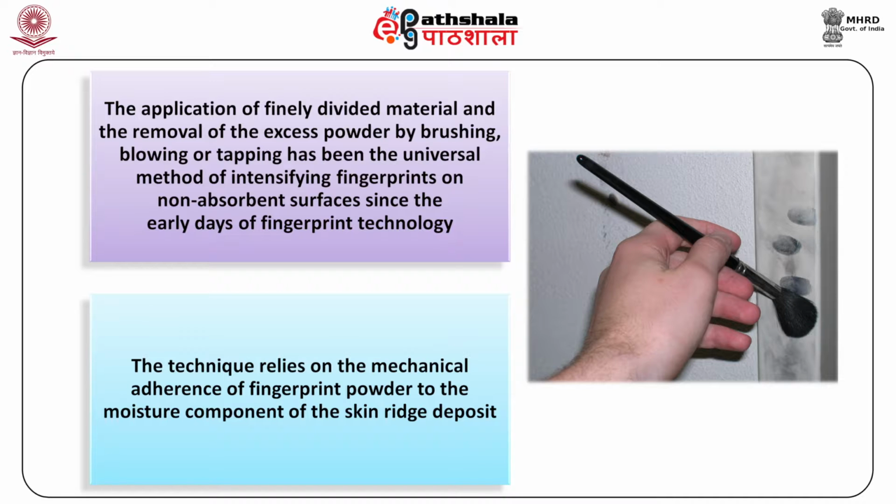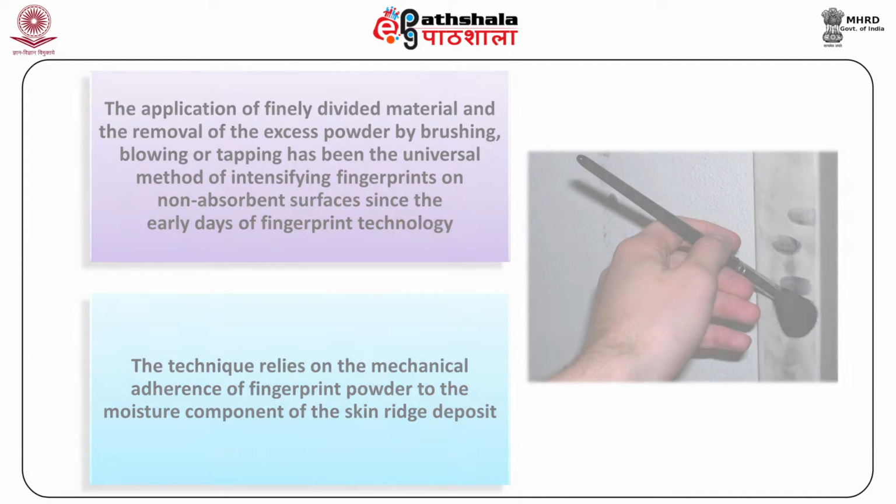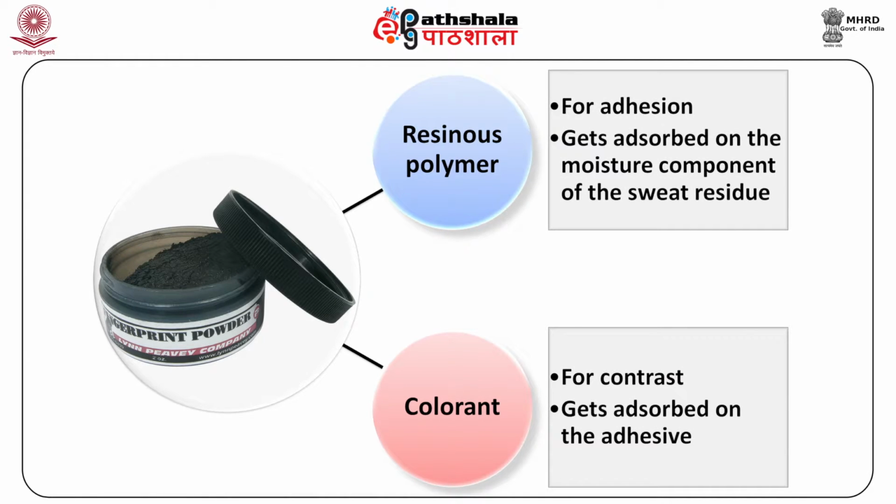Since the early days of fingerprint technology, the technique relies on the mechanical adherence of fingerprint powder to the moisture component of the skin ridge deposit. Conventional fingerprint powders consist of a resinous polymer for adhesion and a colorant for contrast. The adhesive gets adsorbed on the moisture component of the sweat residue, while the colorant gets adsorbed on the adhesive.